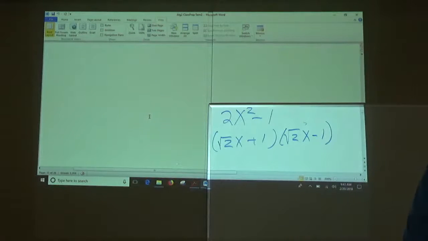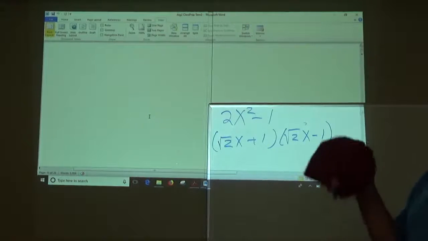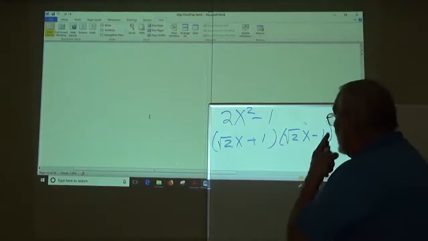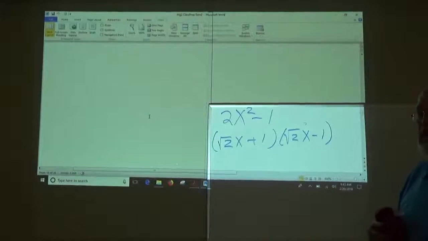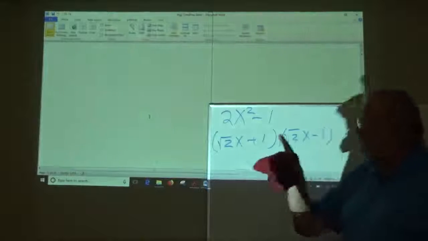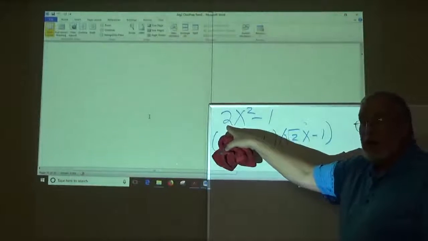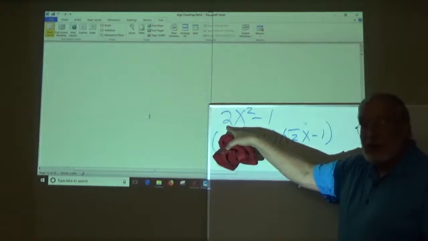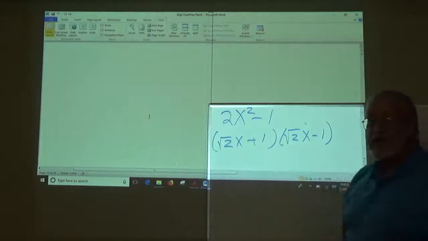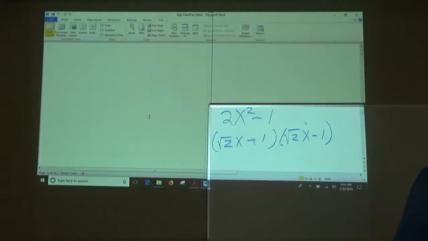So technically, it's a difference of squares. Are they perfect squares? The answer is no. Most of the time when you talk about difference of squares in Algebra 1, you're talking about perfect squares. In Algebra 2, you should know that this is square root of 2 times square root of 2. And so this actually is a difference of squares.